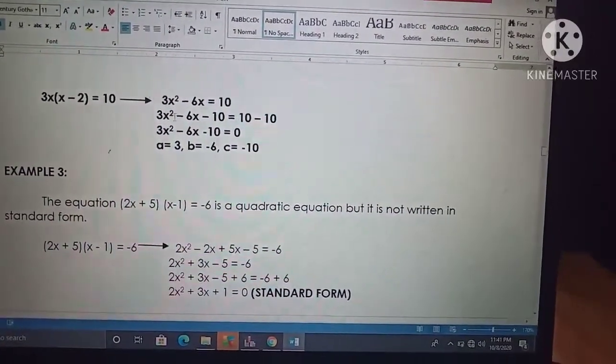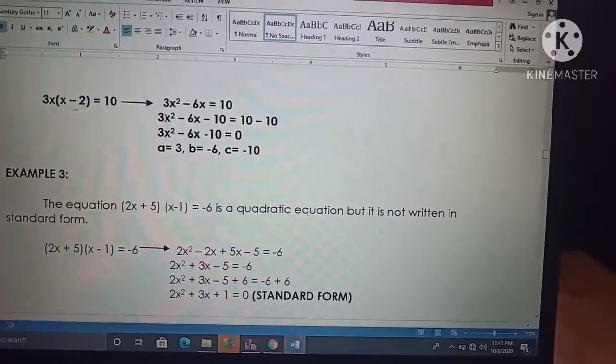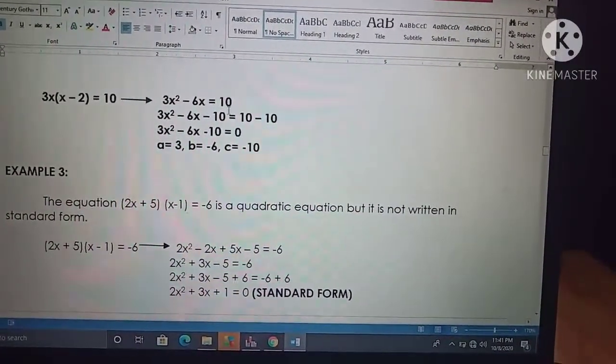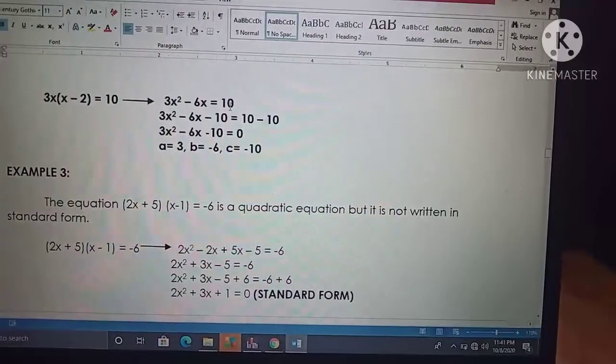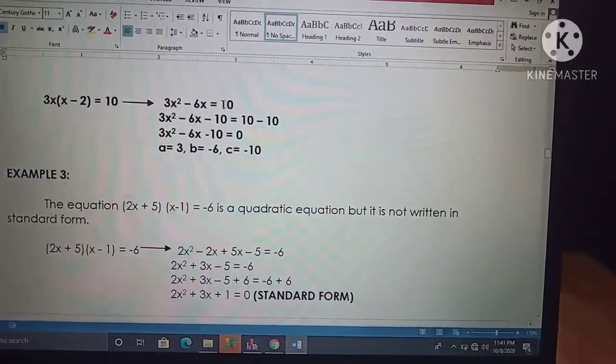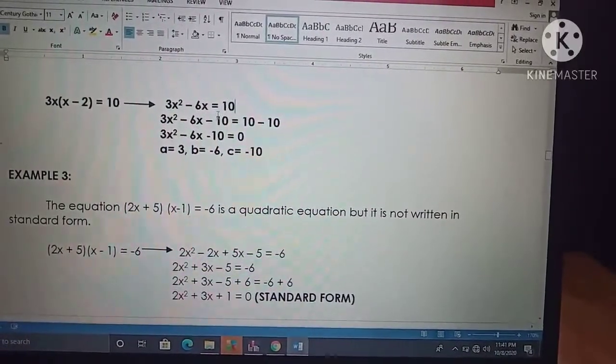So, paano natin to ma-0? So, gagawin natin is 3x squared minus 6x. Si 10 natin ay itatransform natin siya dito. So, si positive 10 magiging negative 10.